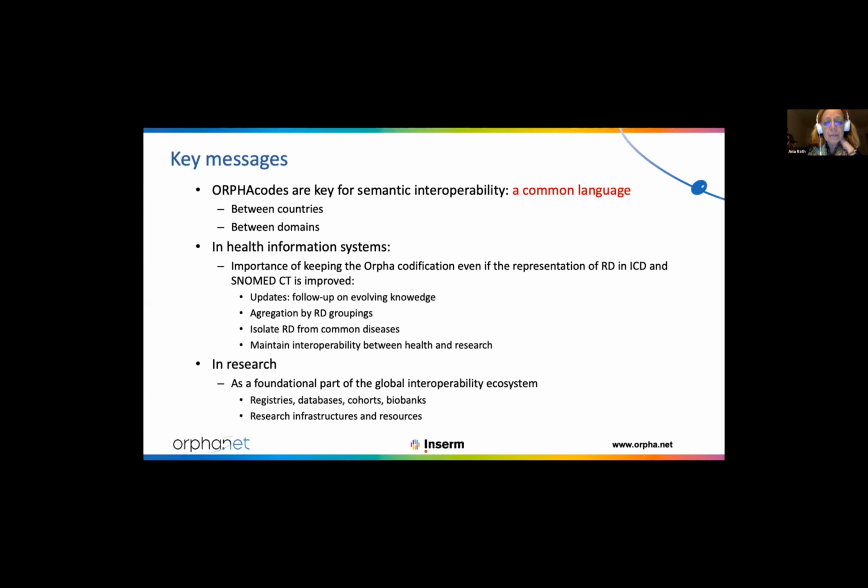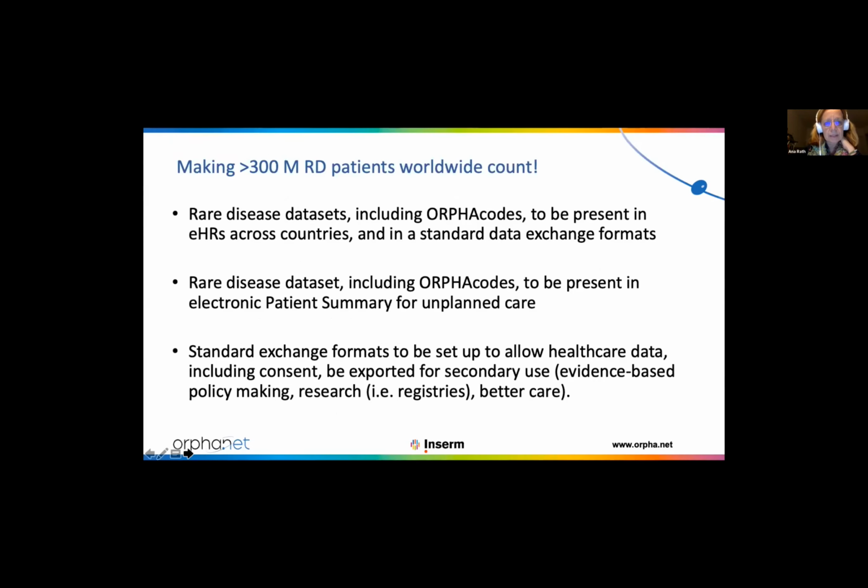And it is a foundational part of a global interoperability ecosystem in Europe, setting the research data and resources infrastructure. So we need to make these more than 300 million patients worldwide count.